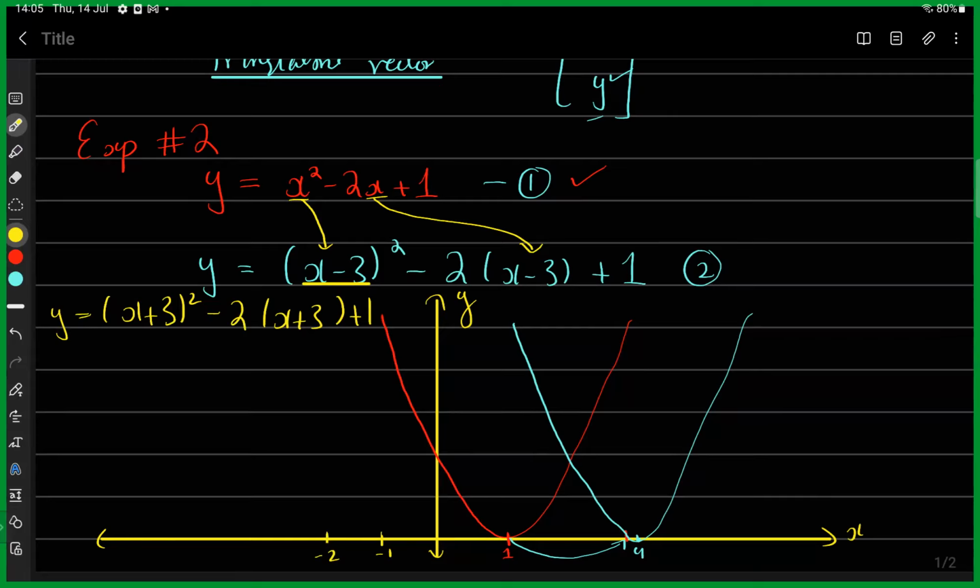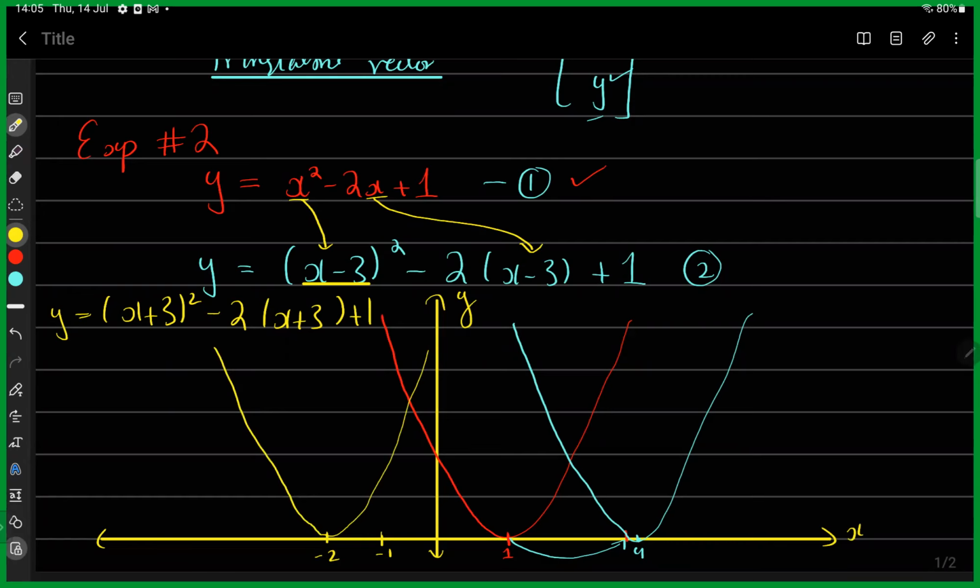This would basically be the point. And the graph would again be of the exact same shape. The only difference would be that all the points have shifted a little bit towards the left side.